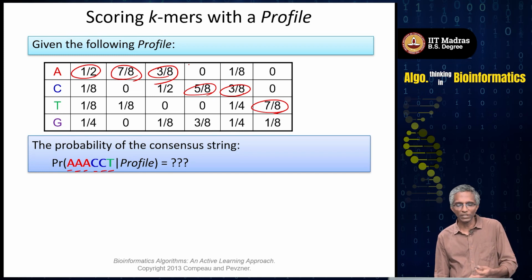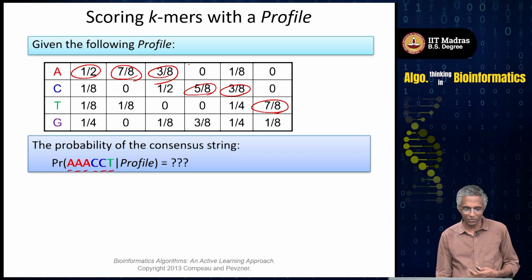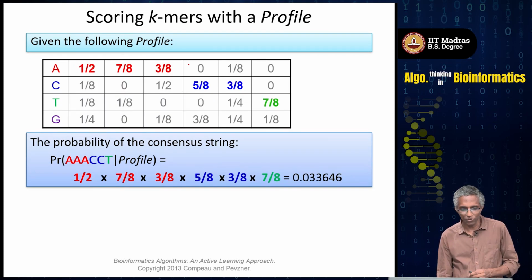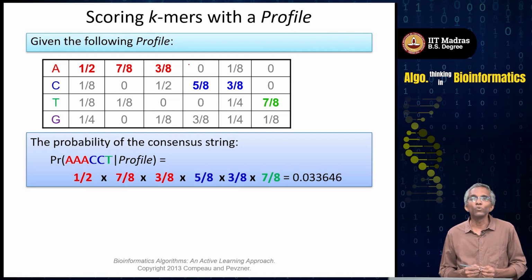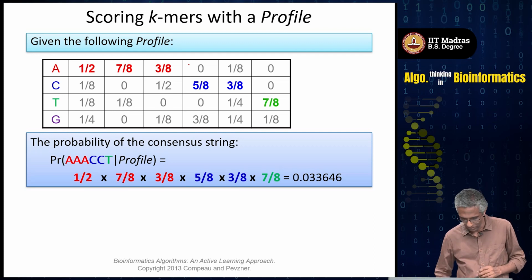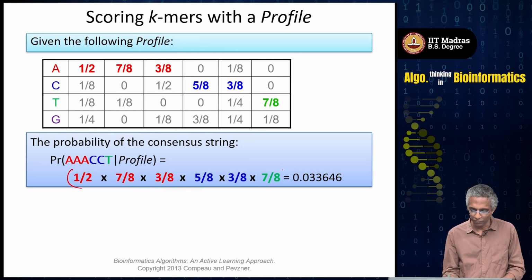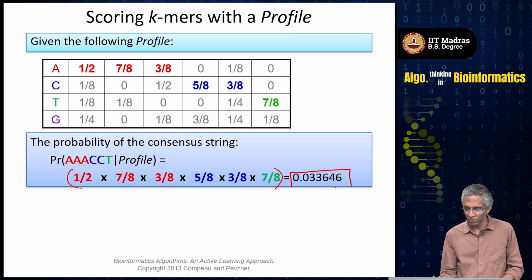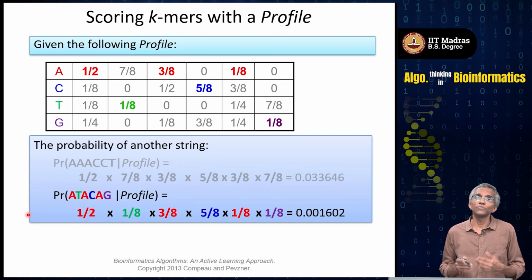So, the probability that this set of k dice will generate AAACCT is the product of all these numbers, and that is exactly what is shown here. Those numbers are given in colors, red for A, blue for C, and green for T. You multiply all of these numbers, and that gives you 0.033646.